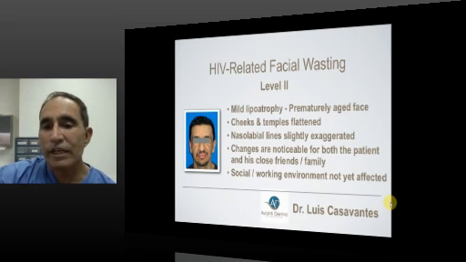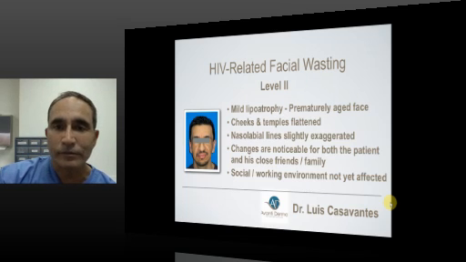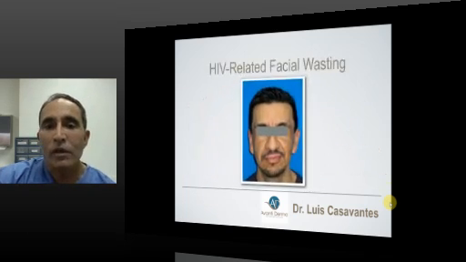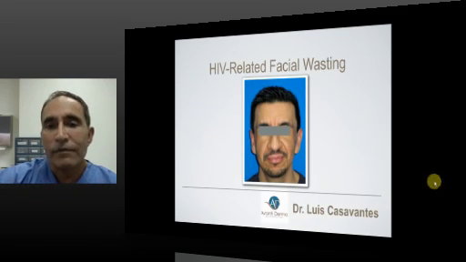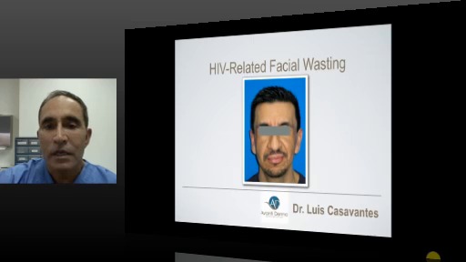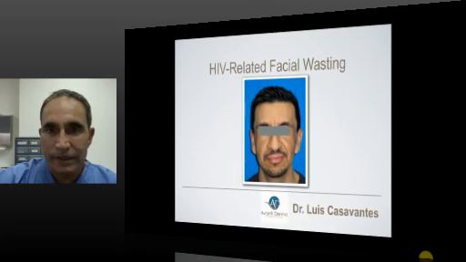The social and working environment at this point is not yet affected. You can see a little bit of flattening in the upper cheeks. The temples look a little flattened, and the nasolabial folds are a little exaggerated.